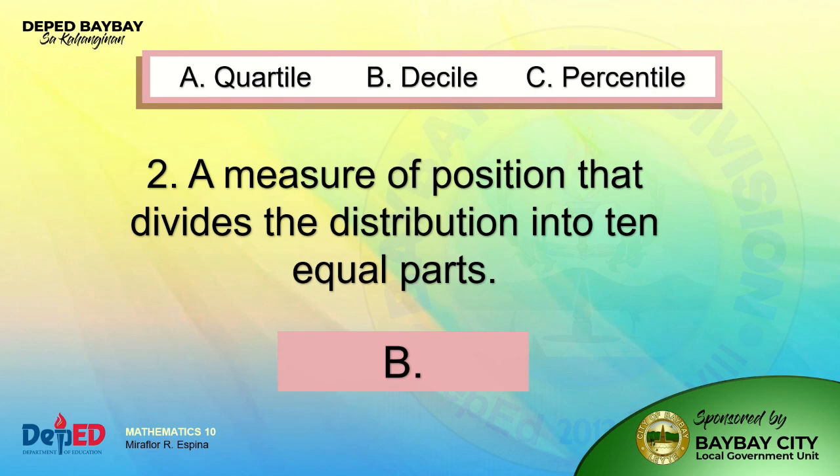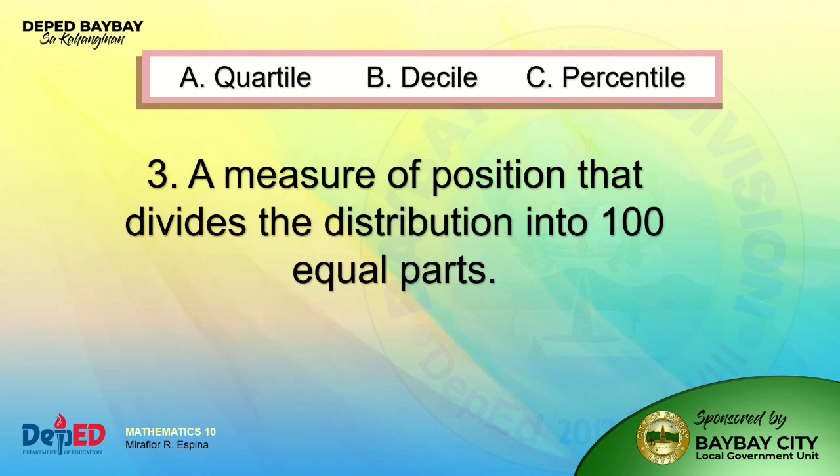You got it right. Next item, number 3. A measure of position that divides the distribution into 100 equal parts. Your time starts now. Time's up. The correct answer is letter C. Wonderful! Your answer is correct.